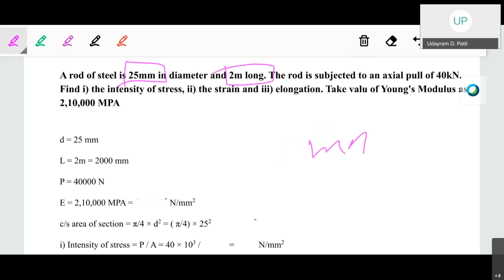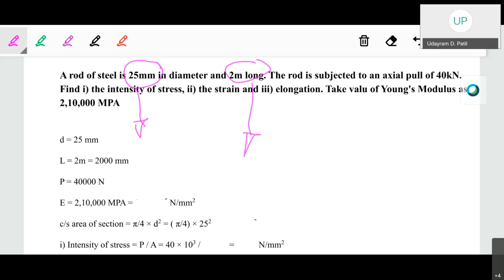Or if you are converting the diameter of the bar into meter, then you can take the length also in meter. Remember, keep a single continuous flow of unit. Do not take the diameter in mm and the length in meter, असं नको करा. You can solve that way also, but जो काही तुमचा formula आहे, in that case you will also have to make some modification in that formula.